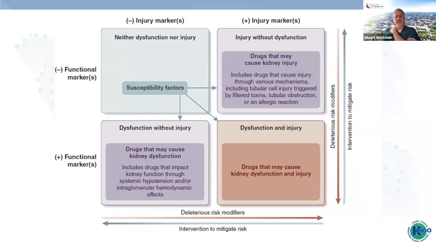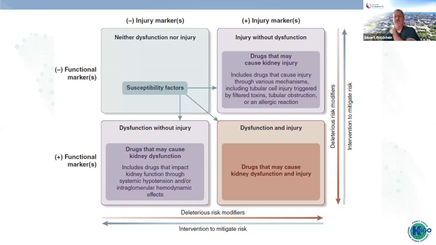So here is the figure that is looking at nephrotoxic medication-associated acute kidney injury with a number of susceptibility factors. And you have on the bottom left a recapitulation of the ADQI 2x2 table of dysfunction without injury. And these might be ACE inhibitors that may cause some dysfunction that really isn't nephrotoxic.